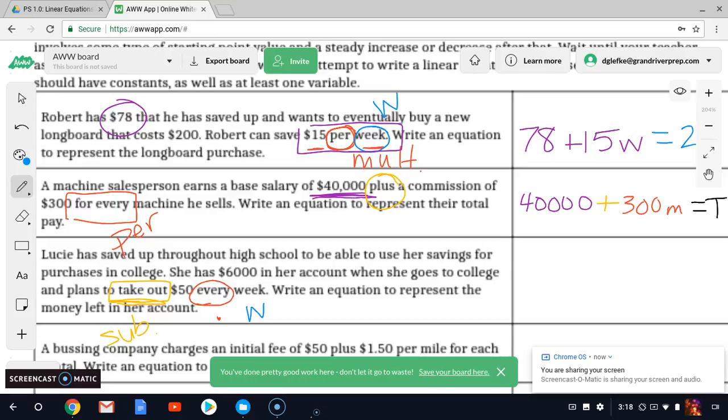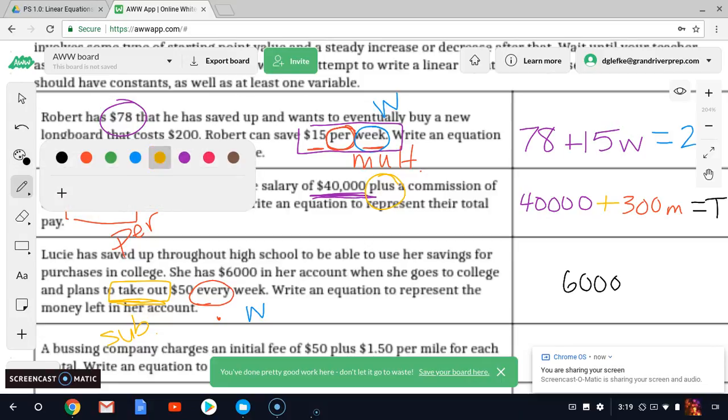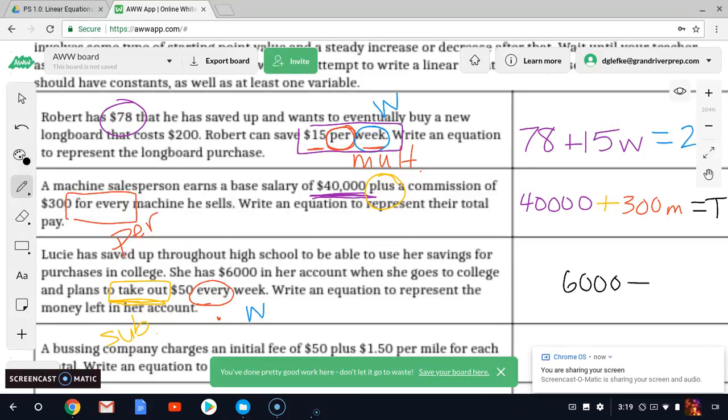So let's start off with the 6,000. So we have 6,000 in the account, and we are taking out, so we are subtracting $50 for every week. So we have $50 for every week.